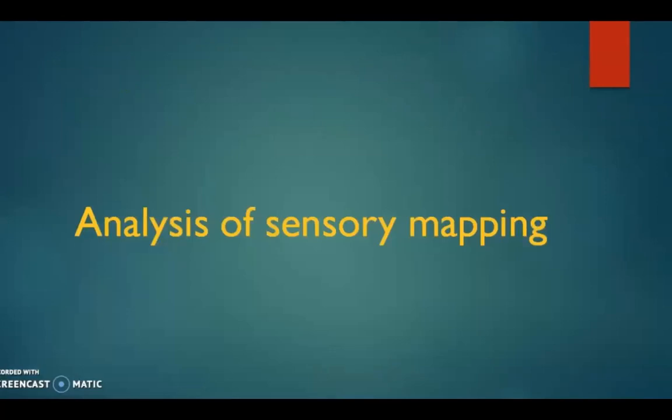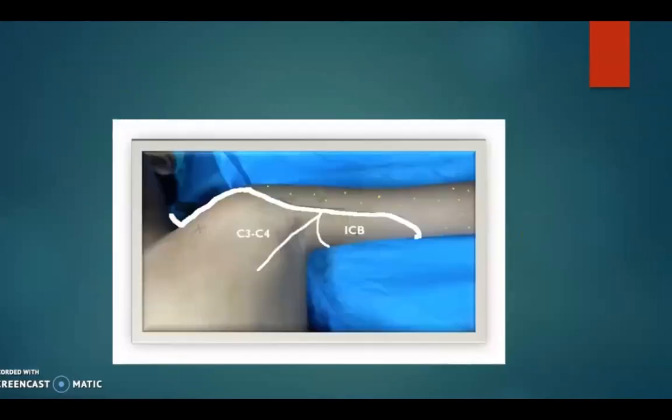On analyzing the sensory mapping, we can see that both these blocks produce a sensory blockade of the skin over the hand, the forearm, and the arm, except of course the area which is supplied by the C4, the supraclavicular nerves of the superficial cervical plexus, and the intercostobrachial territory.